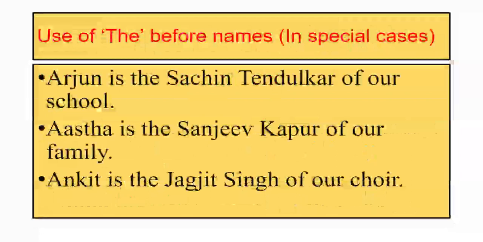Like Astha is the Sanjeev Kapoor of our family. So Sanjeev Kapoor is the best chef, and I'm comparing Astha to Sanjeev Kapoor because she's as good as Sanjeev Kapoor. So when we are comparing somebody to some known personality, with that person's name we use the. But this is done only in special cases.